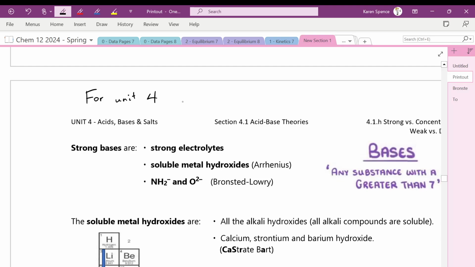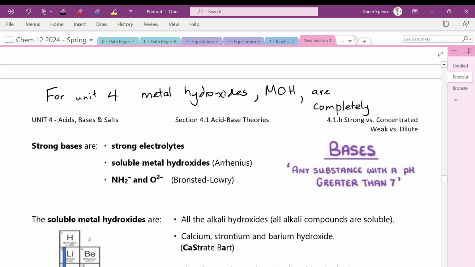For Unit 4, metal hydroxides, metal OH, are completely soluble. So don't think about it too hard. Don't be like, oh no, calcium hydroxide is low solubility.